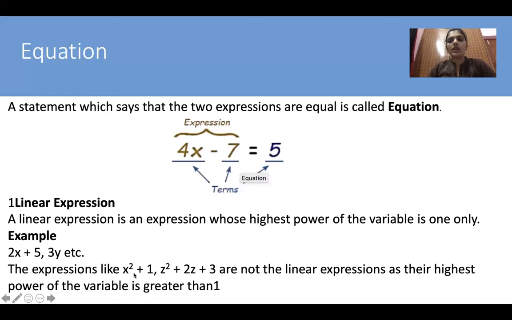We can say it is an algebraic expression but not a linear expression. Similarly, in this example we have 2 as the degree of z, so it is not a linear expression. It is also an algebraic expression. For a linear expression, the power of the variable should be 1.